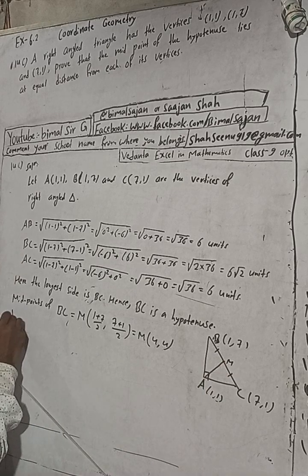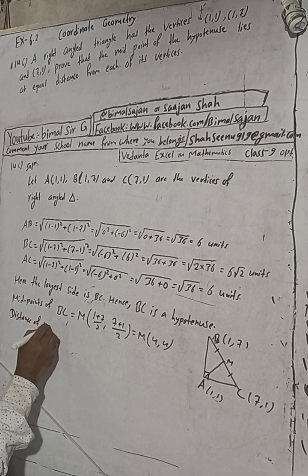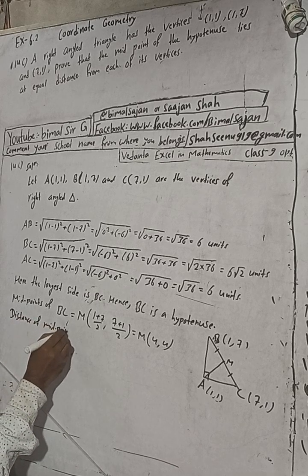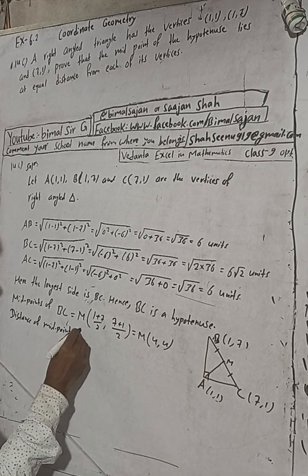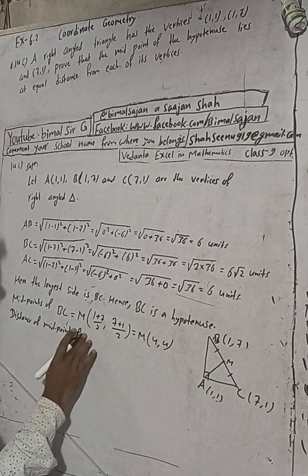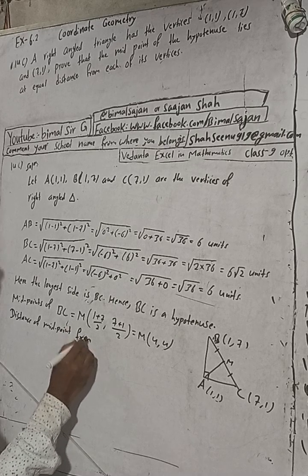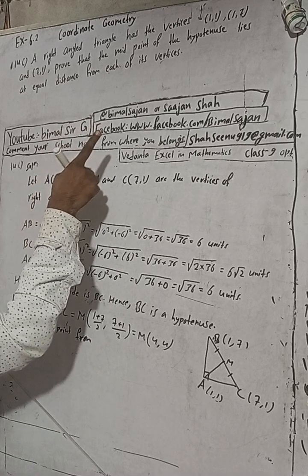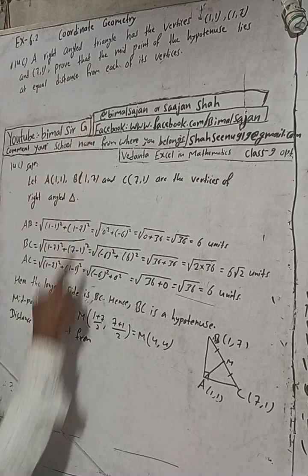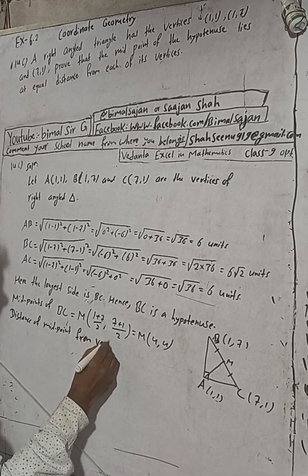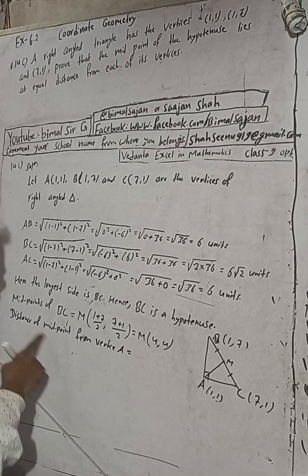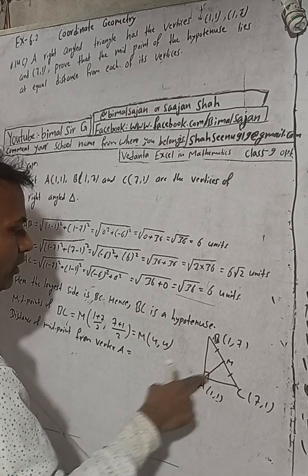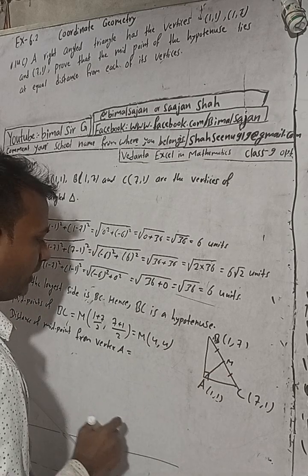Now the distance of the midpoint from vertex A. I'll now find this distance.